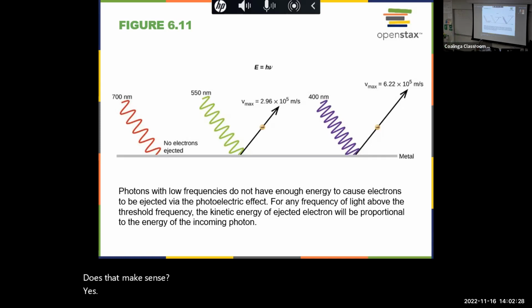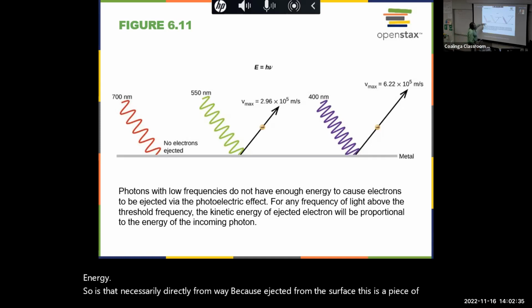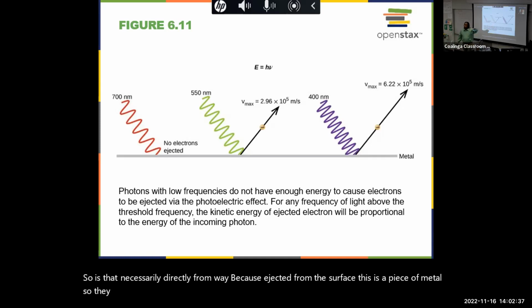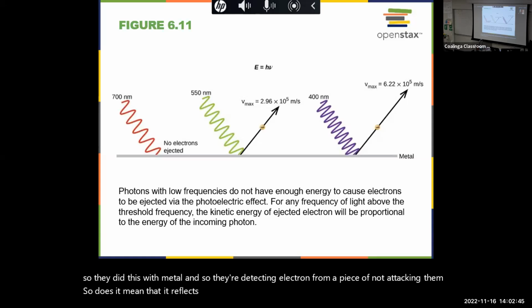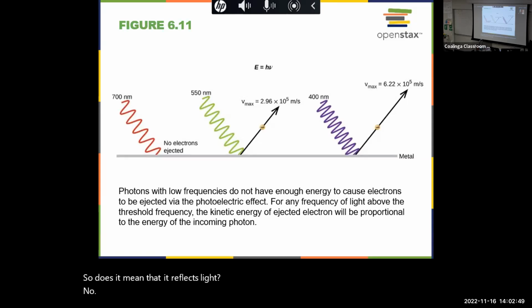Energy, right? Oh. So it's not necessarily ejected from the wave, it's ejected from the surface. This is a piece of metal. Oh. So they did this with metal. So does it mean that it reflects light? If it ejects it. Doesn't necessarily mean that.